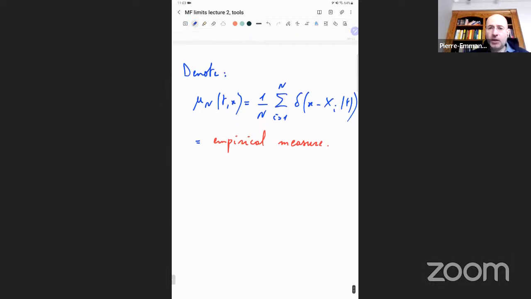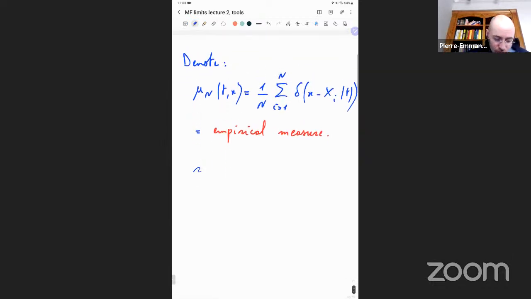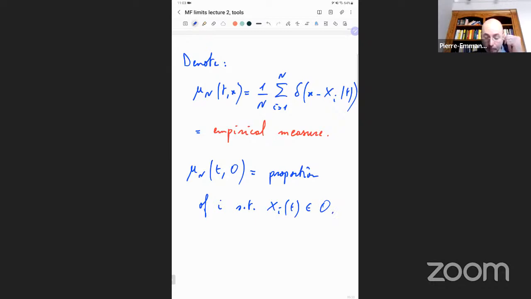It has a very natural interpretation: mu n of t and of a set O is simply the proportion of particles, the ratio of particles, that belong to the set. So very, very simple.